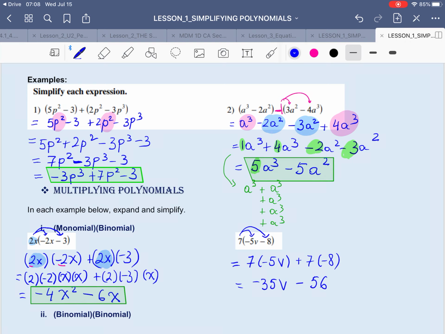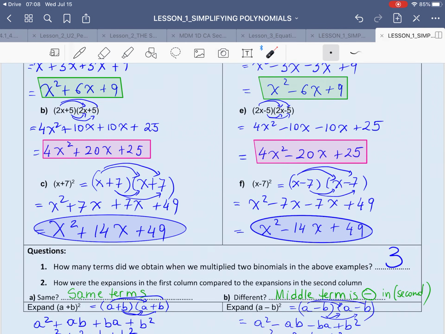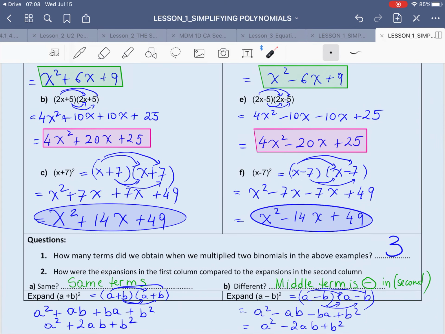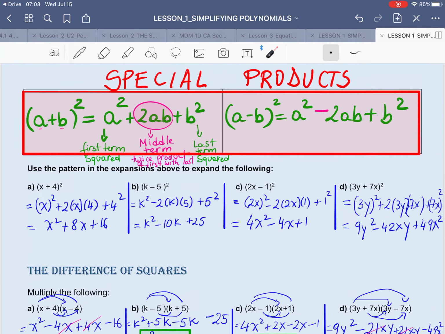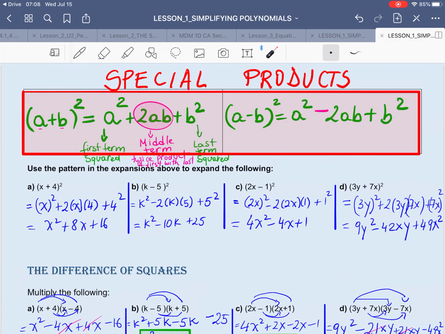So what we learned today, to recap, is adding and subtracting polynomials, multiplying polynomials, monomial, binomial, and binomial. We went over FOIL, and we learned how to square a binomial, which gave us 3 terms, a perfect square trinomial, we call it, and a special product such as these two. So we kind of summarized them.